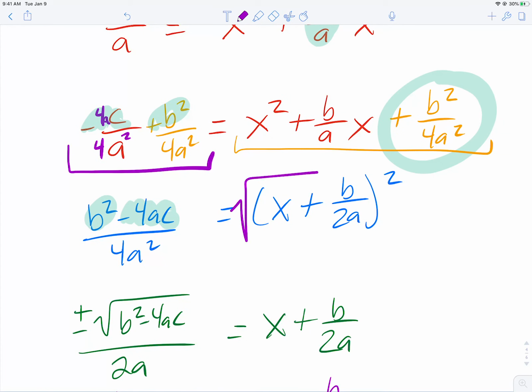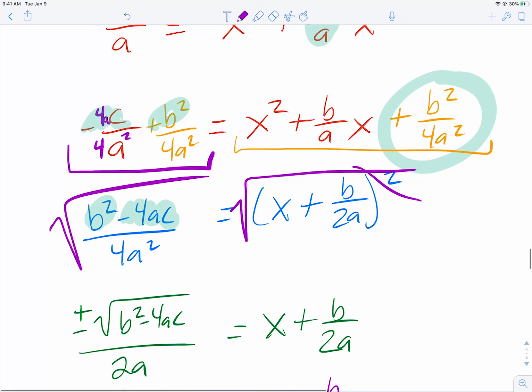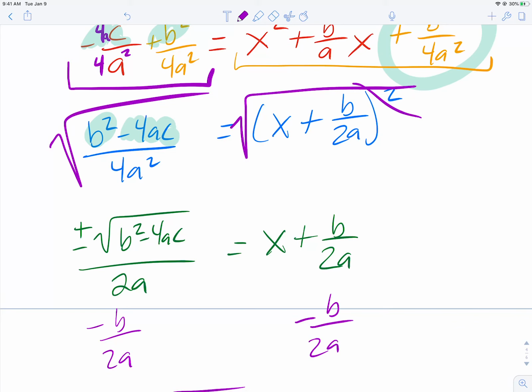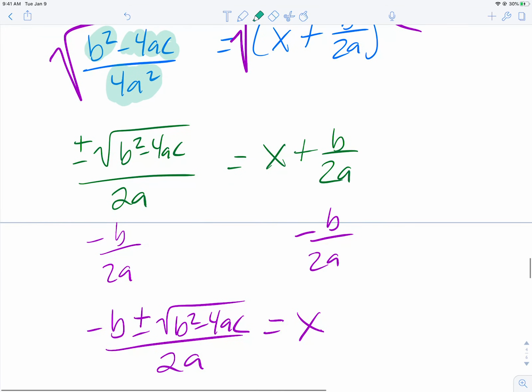Then, if you square root both sides so that you can cancel your squares, you end up with the plus or minus, because it's plus or minus, the square root of b squared minus 4ac all over 2a, because the square root of 4a squared is 2a. And the last step is to get x by itself by subtracting b over 2a.